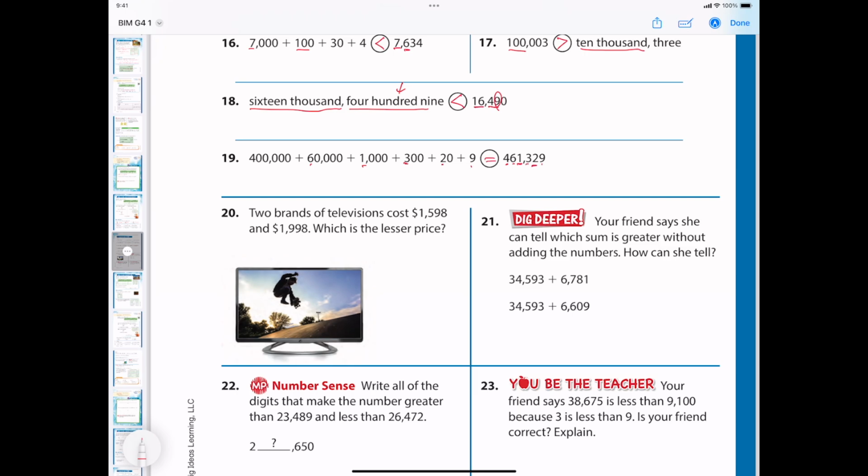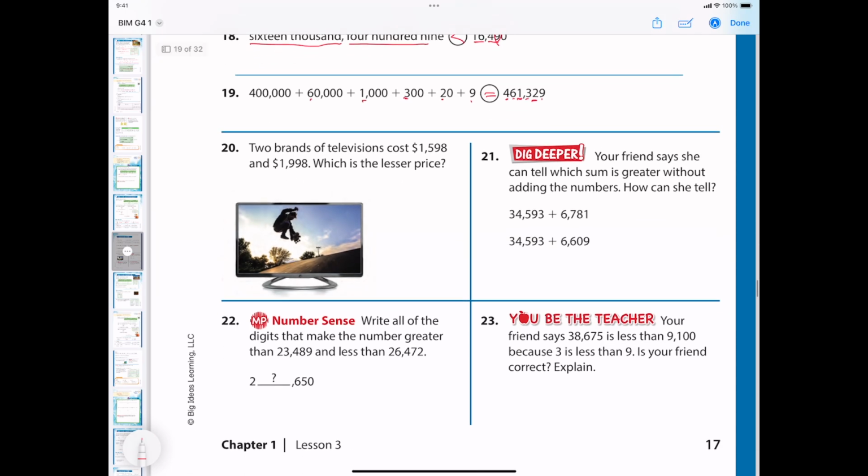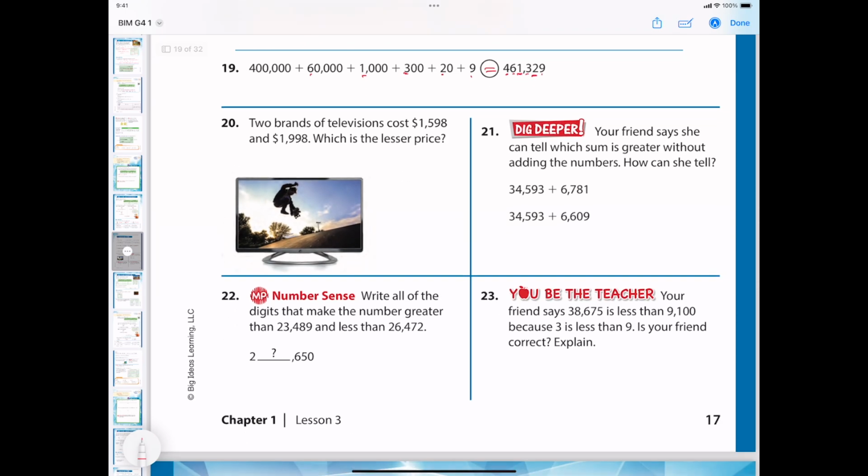All right. Number 20. Two brands of televisions cost 1,598. Or we learned this, remember in lesson 1, we can also say 1598 because 1500 we can say, isn't it? $1,598. Okay, so 1598.